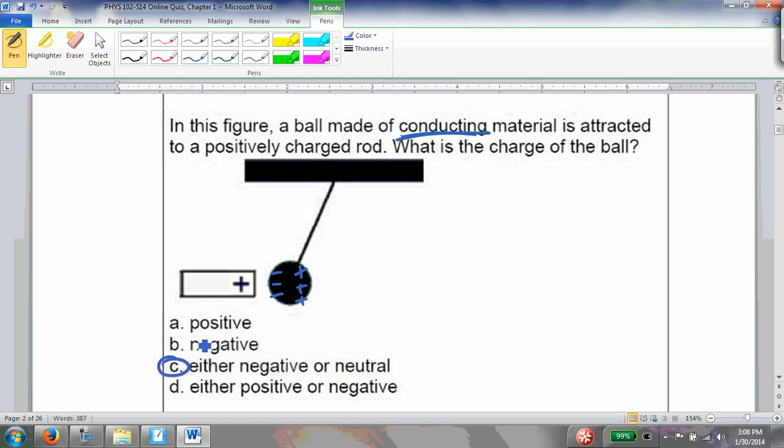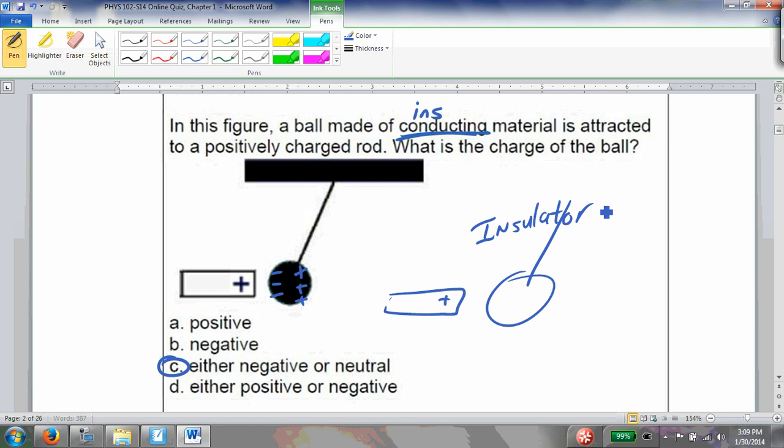Now, if it were an insulating material, it would have to be negative. If this was an insulated ball, like a wooden ball or plastic, the whole thing would have to be negatively charged because you don't get that type of induced charge on an insulator, except in some small-scale places like the balloon picking up the paper.